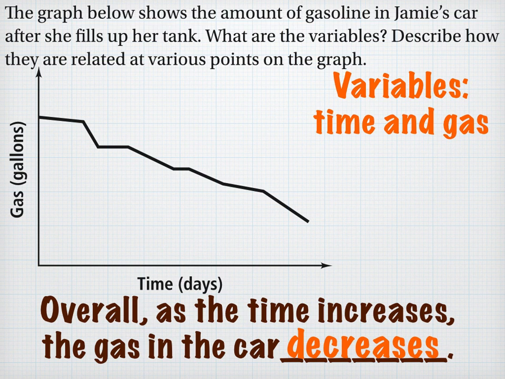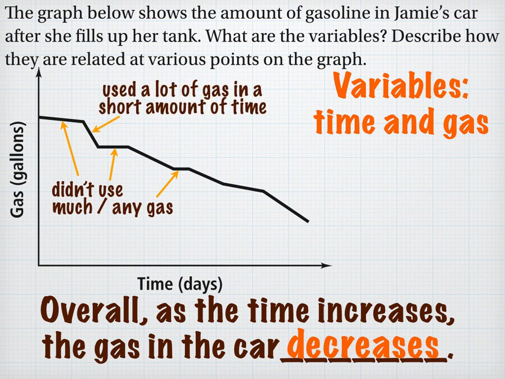If you look at the actual line of the graph, you'll notice that there are three sections right here where it looks like she really didn't use very much gas, if any, because it's almost horizontal, if not horizontal at those points.